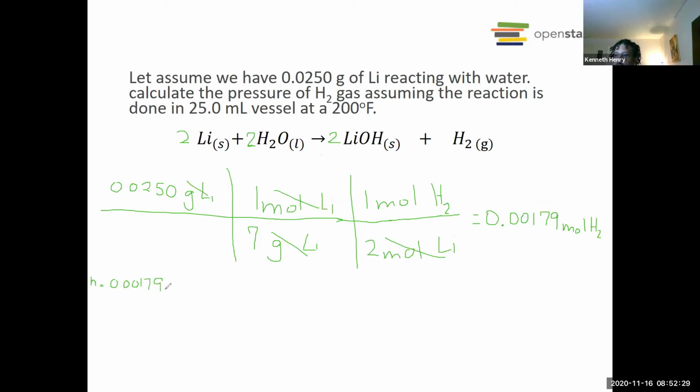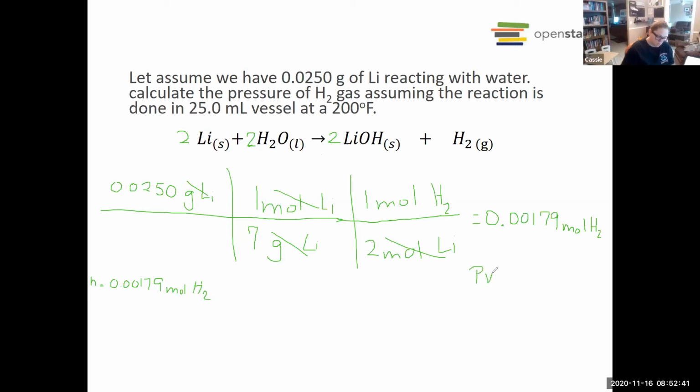And Amanda says that we're going to have to use PV equals nRT, and we're solving for P.